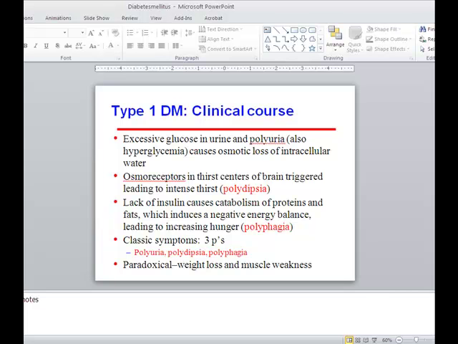And the weight loss and muscle weakness is paradoxical because they are very hungry. The paradox here is these individuals are very hungry, they're eating a lot, but all that food is not getting to where it's supposed to go. So they eat a lot, but still they have weight loss and muscle weakness. Okay. That's the paradox.